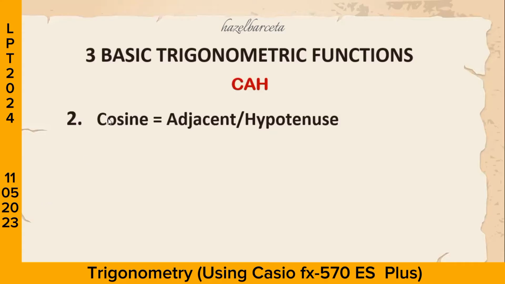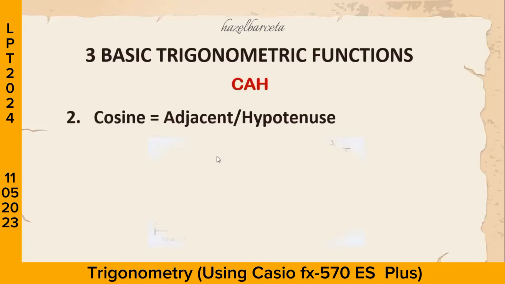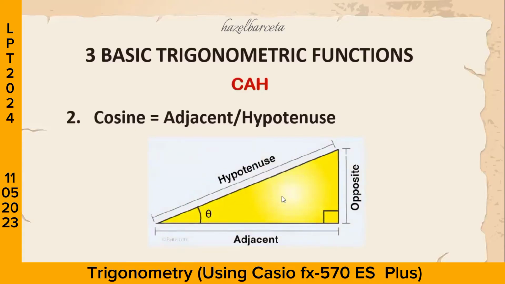Okay, so cosine theta is equal to adjacent side over hypotenuse. Again, here is our angle or triangle, adjacent side over hypotenuse. Si adjacent po yung katabi ng ating angle.